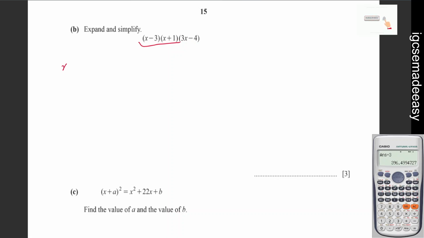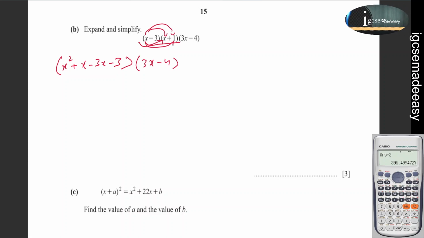So this will become x square plus x minus 3x minus 3, correct? Then put a bracket. Then the next part we are keeping as it is, 3x minus 4. I just expanded the bracket like this.